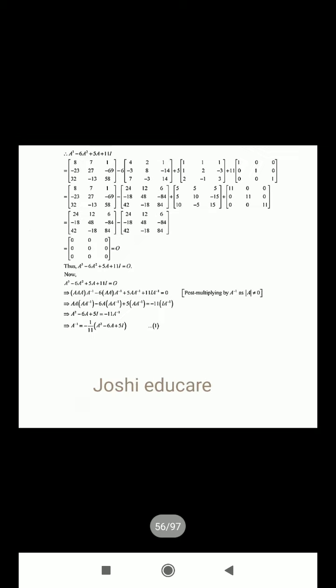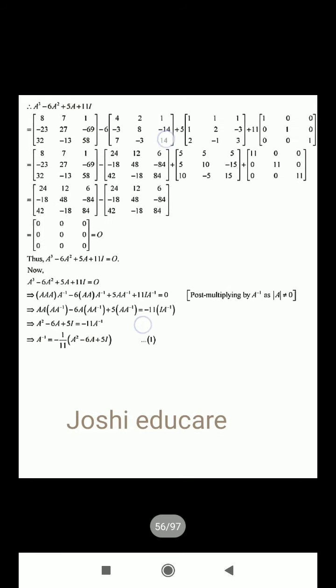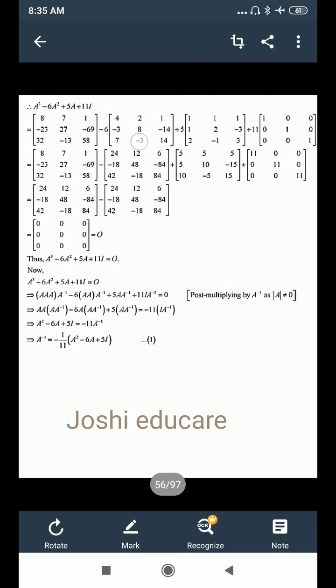So I am replacing all the values. A cube minus 6 into A square plus 5 into A plus 11 into identity matrix. You multiply all the elements of this by 6, all the elements of this by 5, all the elements of this by 11. Now you add all these at once or separately.